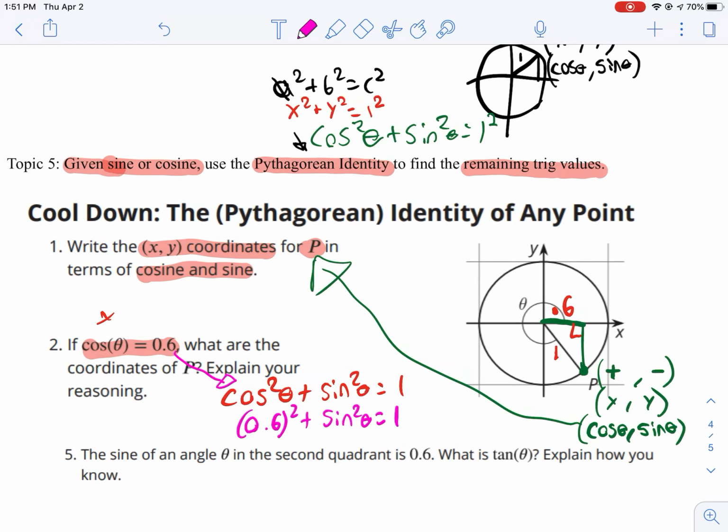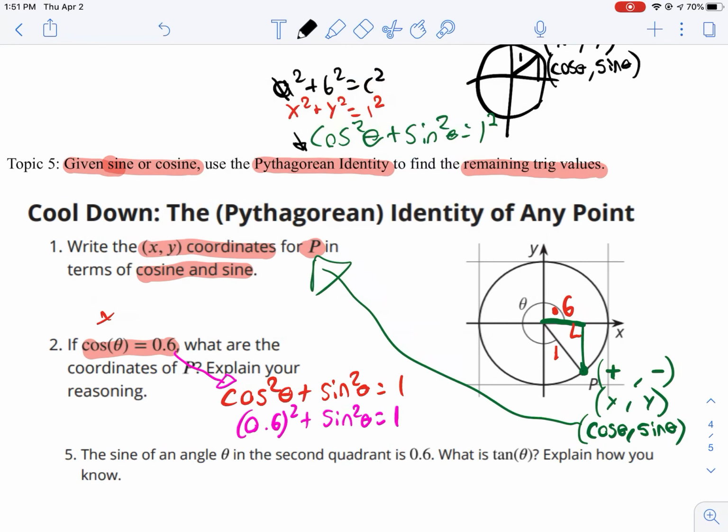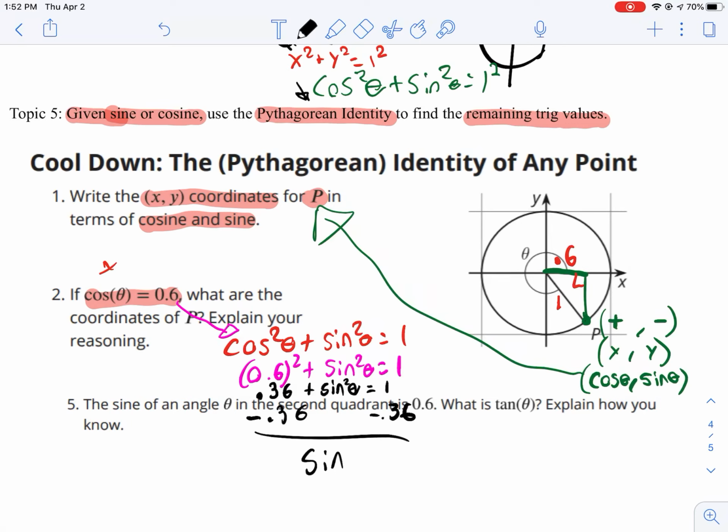We take 0.6 times 0.6, which is going to give us 0.36 plus sine squared theta equals 1. From here we're going to subtract 0.36 from each side, and we're going to get sine squared theta equals 0.64.